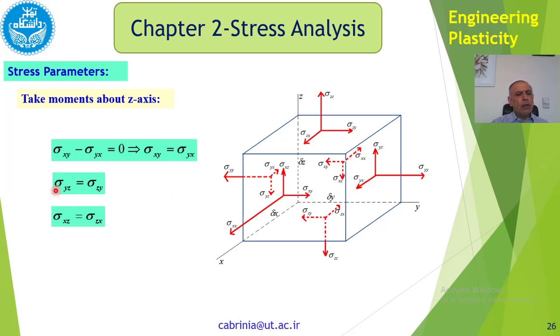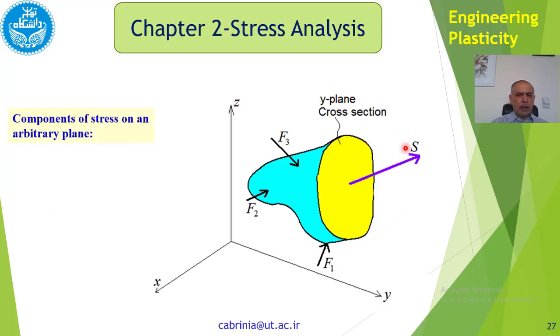And what does this mean? It means that our stresses are reduced from 9 components to 6 components. So we have 6 components of stresses because these are all equal. In order to have equilibrium, we have to have these be equal to each other.